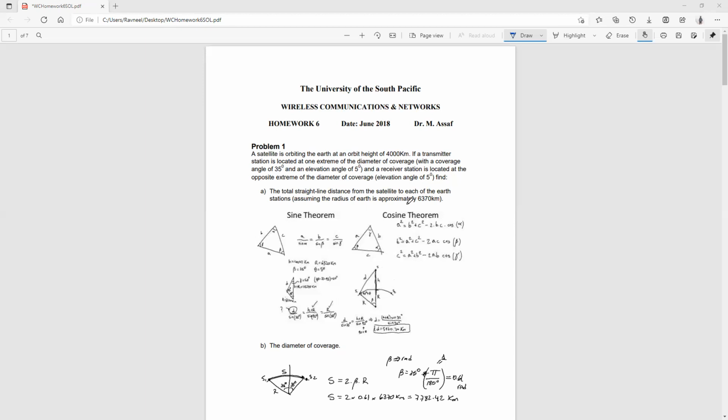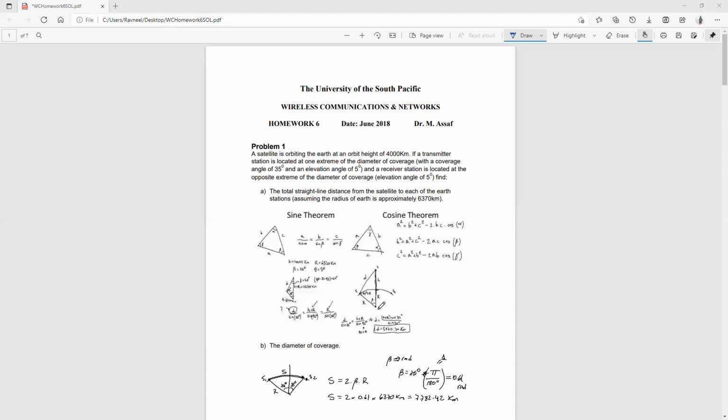So both these stations have an angle of elevation of 5 degrees. In that particular case, let's just consider one side of this. If you have this curvature representing the Earth's surface, and this line over here representing the radius of the Earth, this also cuts through this line over here.